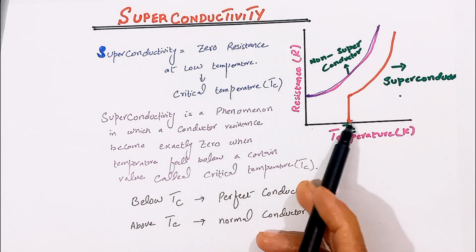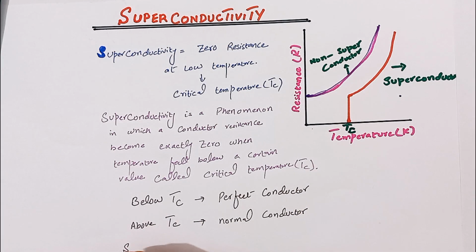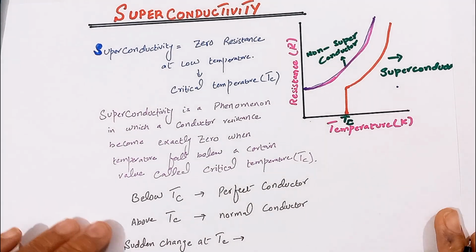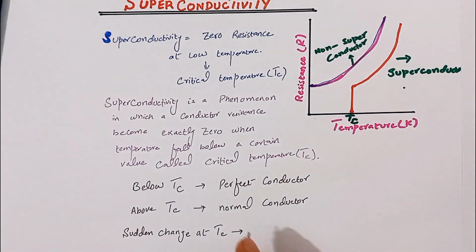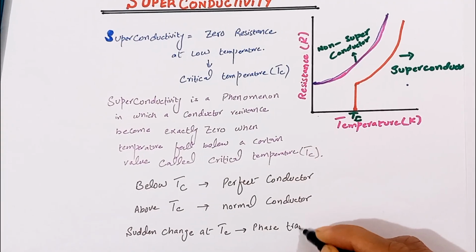But at the critical temperature, there is a sudden change that shows some resistance. It is known as the phase transition.